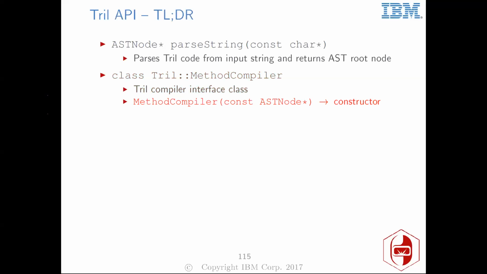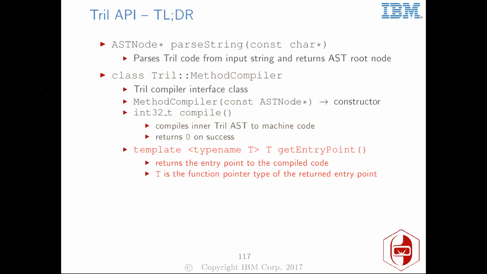It has, among other things, the method compiler constructor, which takes the root AST node of the method we are going to compile. It only compiles one method, so the expectation is that the AST node we provided corresponds to that Tril method. We then, of course, have a compile function that is going to compile the Tril code we specified and return 0 on success.